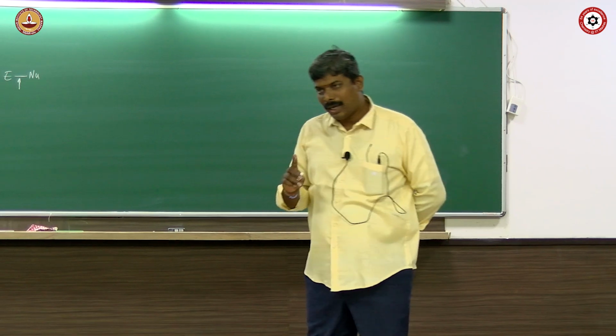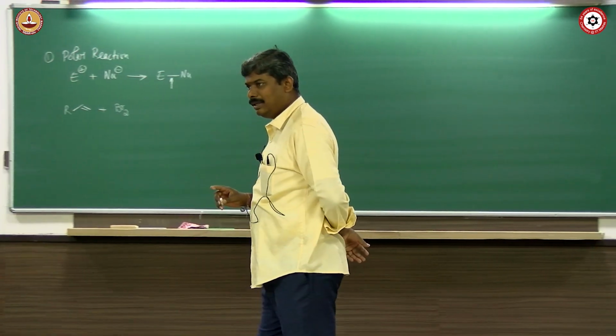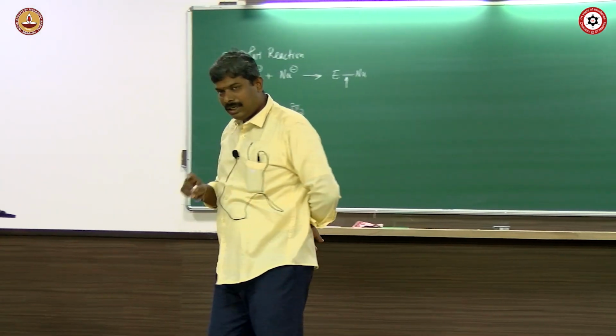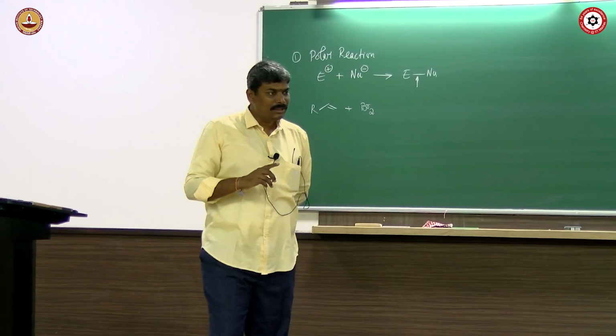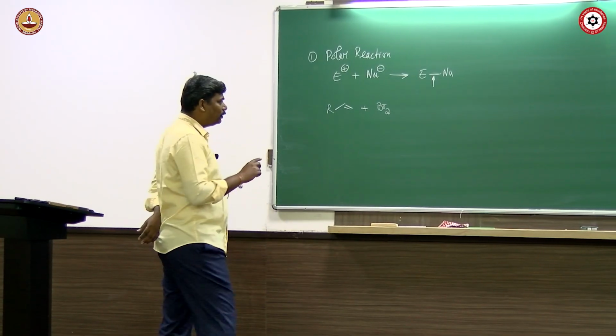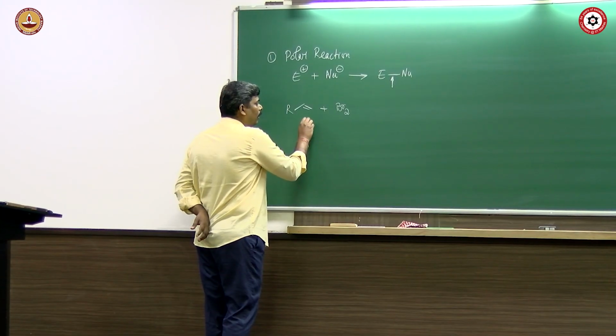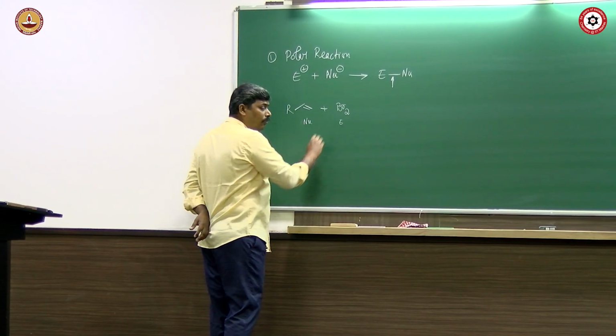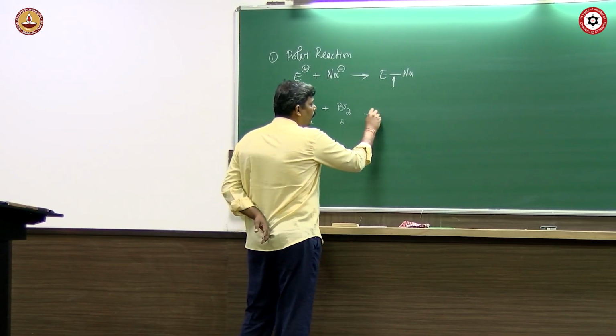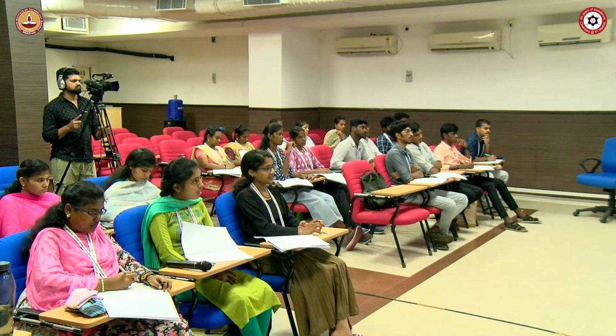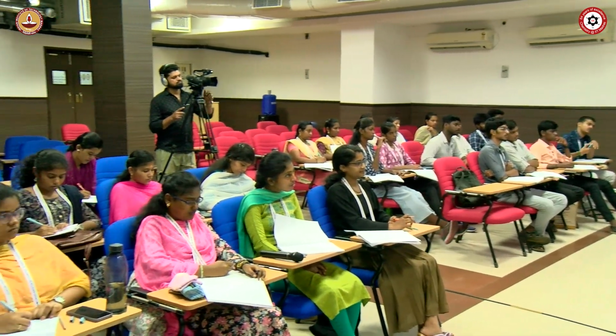Bromine, Br2, is an electrophile. Your alkene is a nucleophile. So the alkene would react as a nucleophile, and Br2 would react as an electrophile, giving you a species which is a bromonium ion, as we talk about, right?